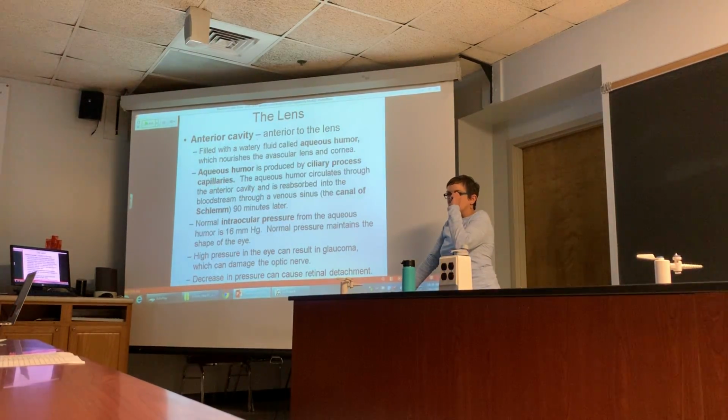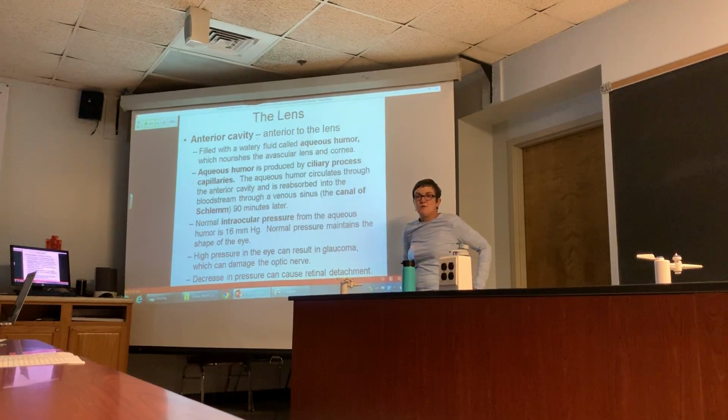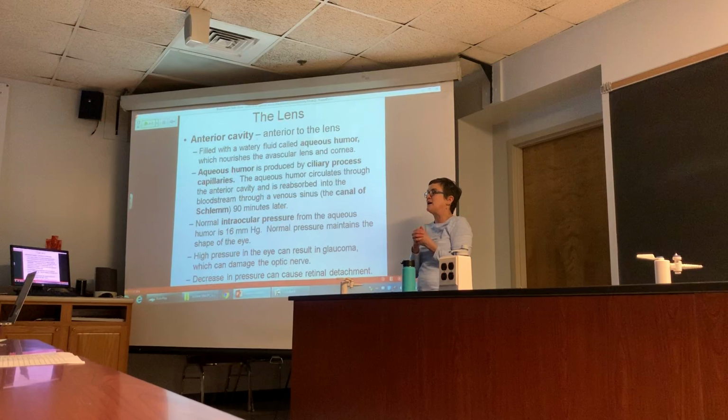You know, in the doctor's office, they test your pressure, they touch that thing to your eye after they numb your eye, and that's what they're measuring. They want to make sure it's not too high or too low. Too high pressure in the aqueous humor in that anterior cavity can put pressure on the back of the eye and cause optic nerve problems that lead to eye loss, or not eye loss, but vision loss.